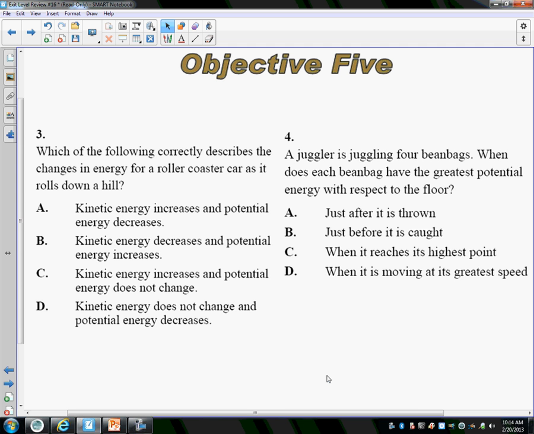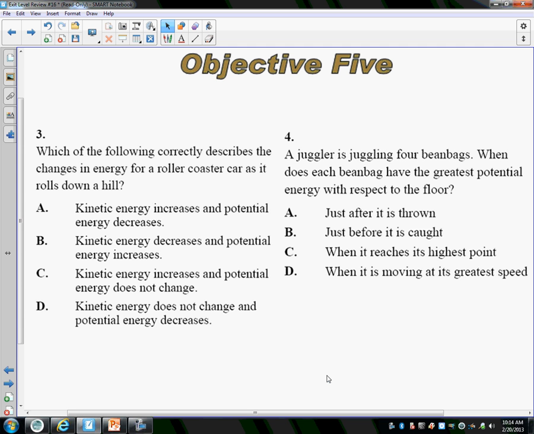Number 4. A juggler is juggling 4 beanbags. When does each beanbag have the greatest potential energy with respect to the floor? Okay, so when is it sitting still if he's juggling it?